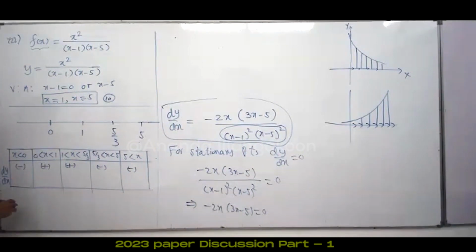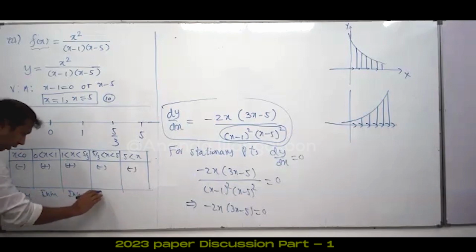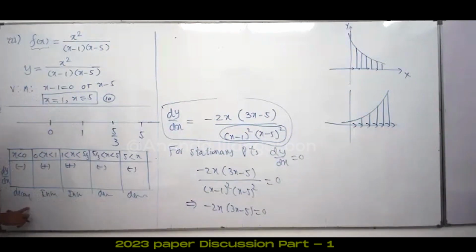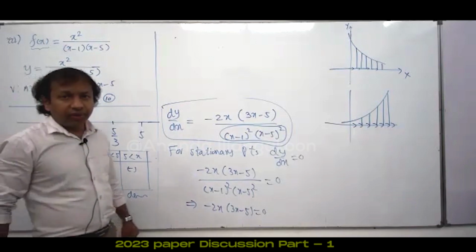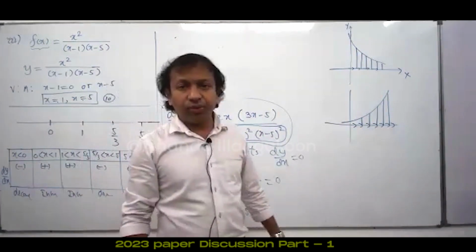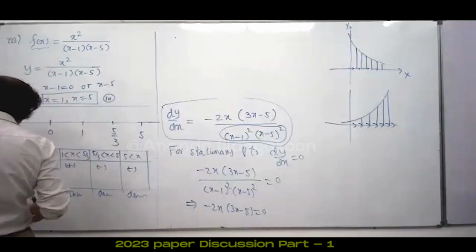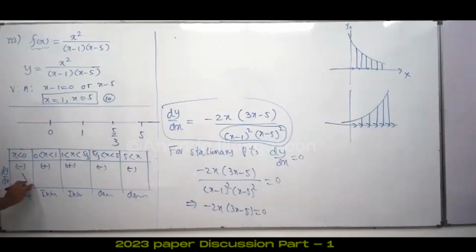Gradient negative means decreasing, we write here decreasing. Here increasing. Here increasing. Here decreasing. Here also decreasing. That also you must write here. Okay. The recent marking scheme is of course available. Now we'll see here. Gradient negative means this shape. Gradient positive means this shape.